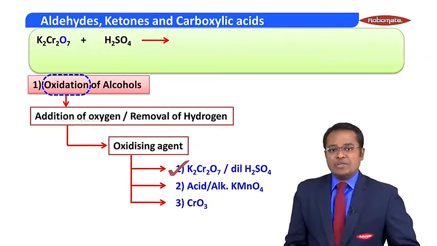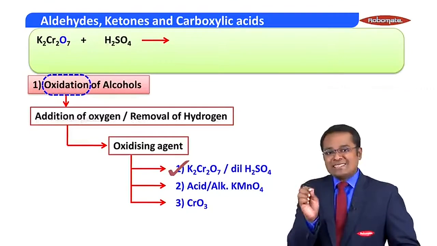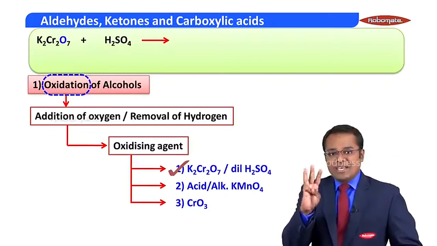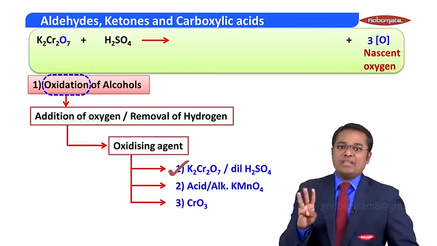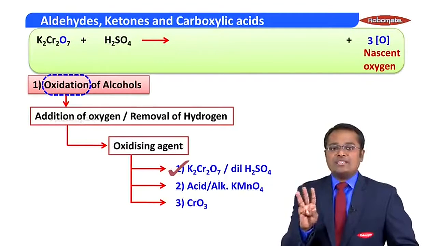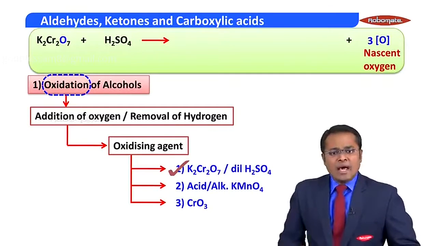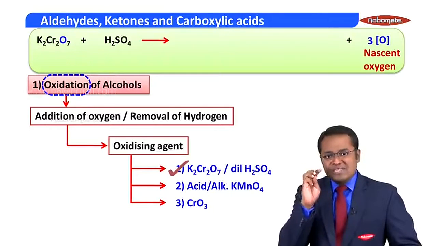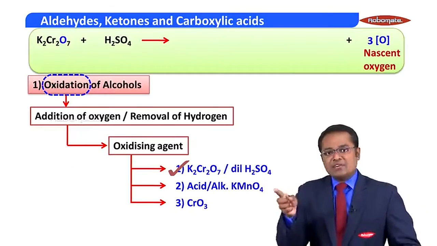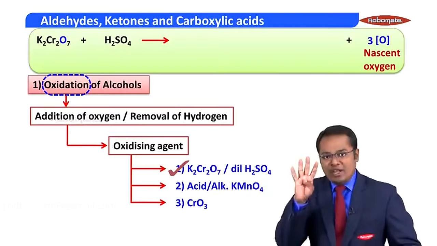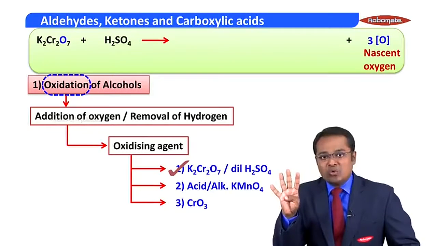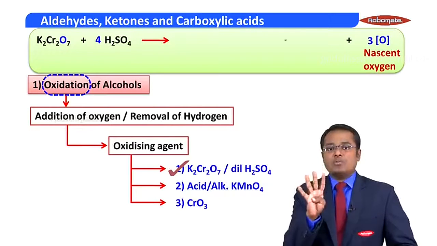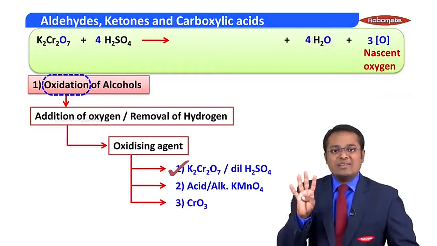In this process, we get three nascent oxygens as a byproduct, which is the main reagent or oxidizing agent for us. Out of the 7 oxygens, 3 have come out, so the remaining 4 will combine with H2 to form 4 water molecules. So I have balanced it.